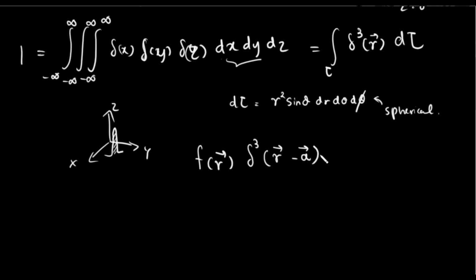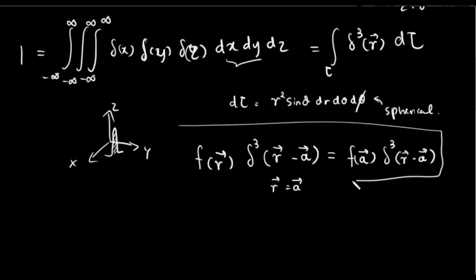These are vectors actually. Previously we used a point, but this is a vector. Now only when r equals a do we have a value for the delta function. That means you have to use f(a) and delta cube (r minus a).